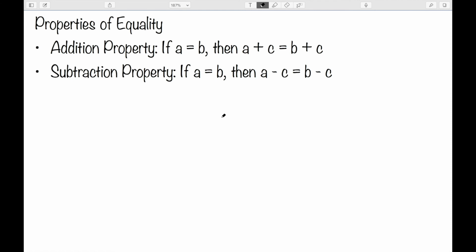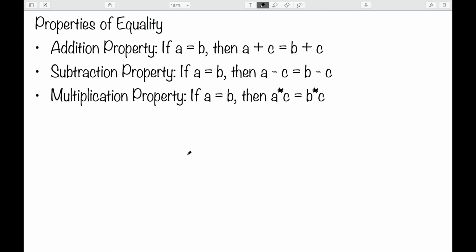Similarly, I have the subtraction property. If A is equal to B, then A minus C is equal to B minus C. If I know that you have 7 balloons and I have 7 balloons, and I know that I lost 3 and you lost 3, then we would still have the same number.